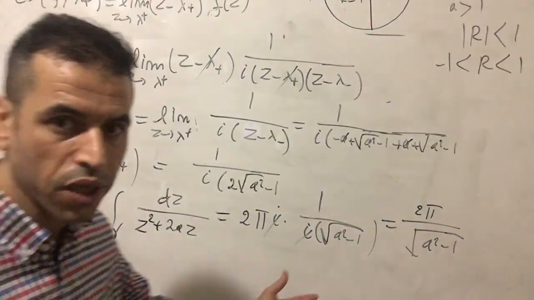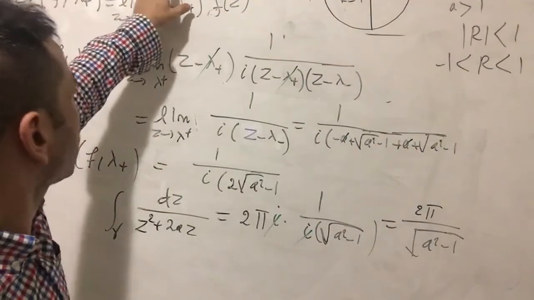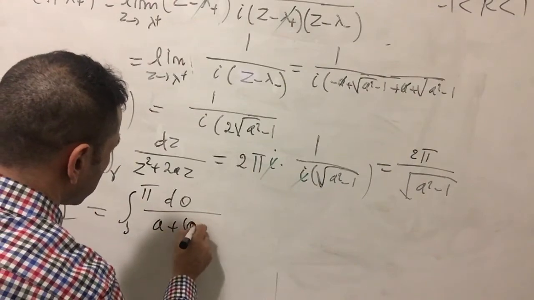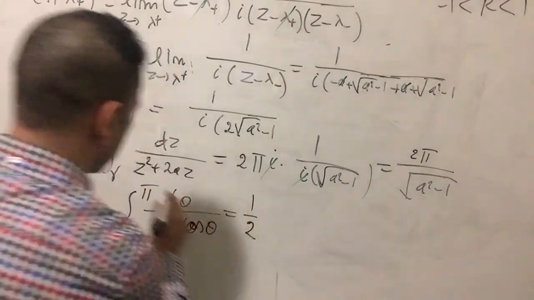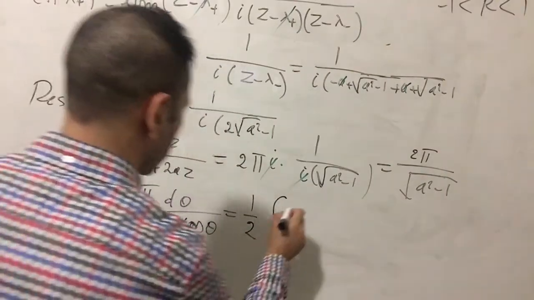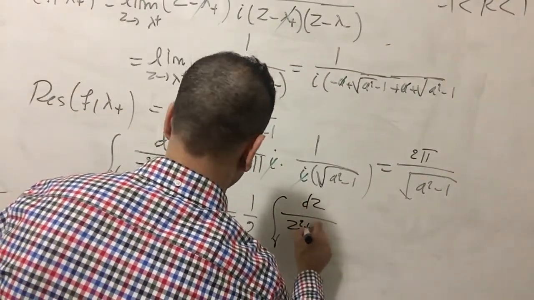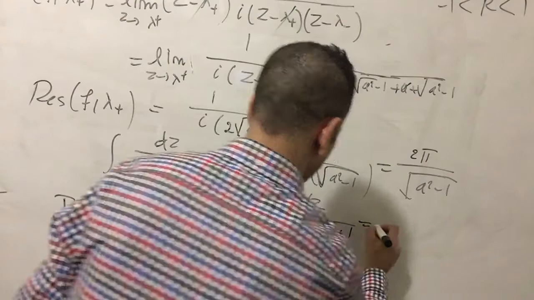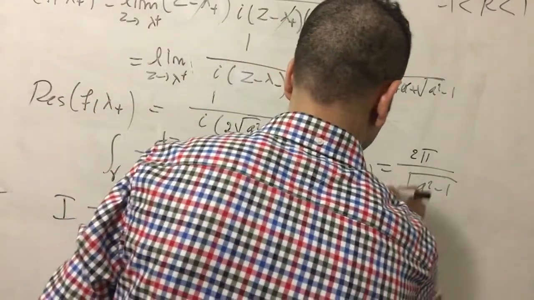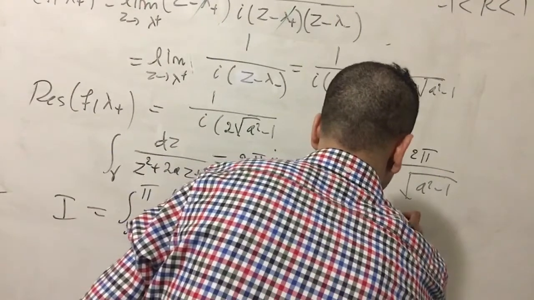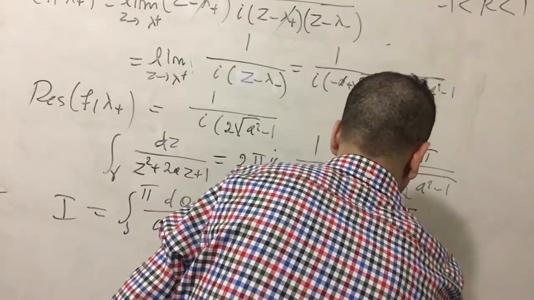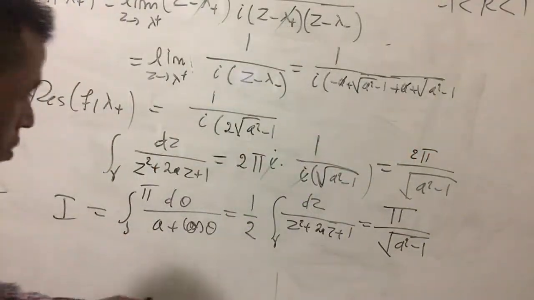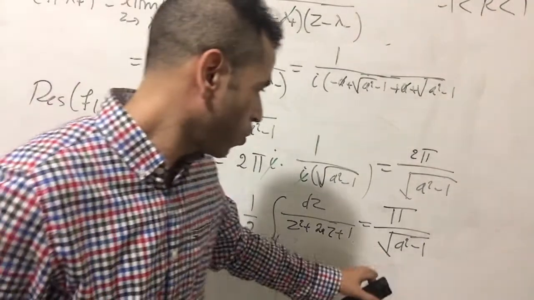We are not done yet, because we are evaluating the integral of d theta over a plus cosine theta, which equals 1 over 2 times this integral over gamma of dz over z squared plus 2az plus 1. So 1 over 2 multiplied by 2 pi gives pi over the square root of a squared minus 1. So our integral equals pi over the square root of a squared minus 1.